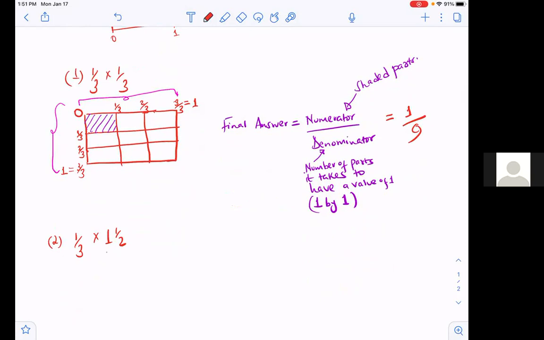So this one is the same as saying 2 halves plus 1 half. And that gives us a total of 3 halves. So this one is simply the same as saying a third times 3 halves.